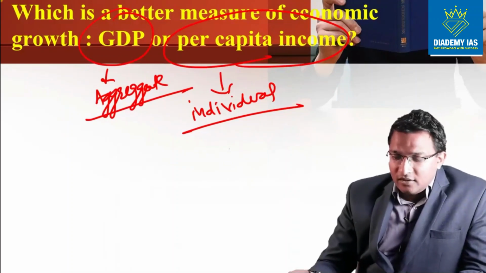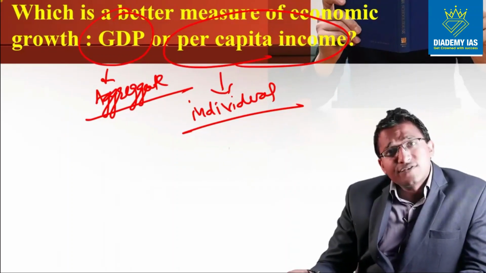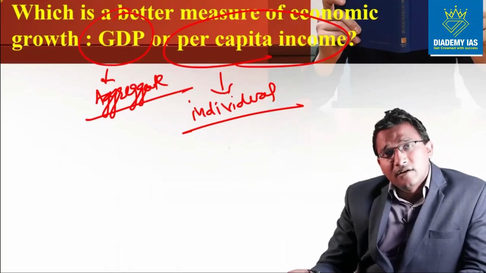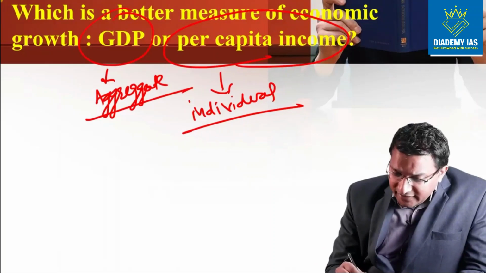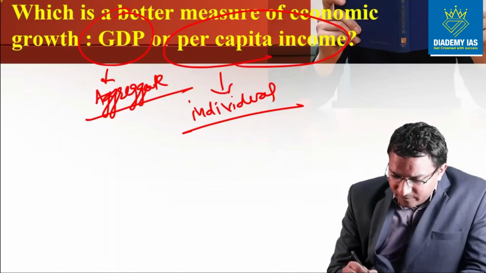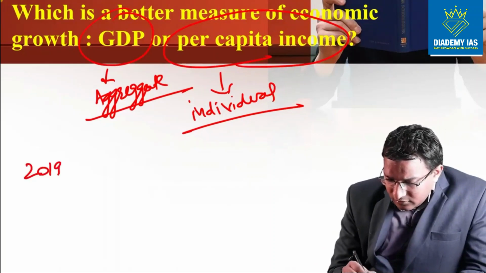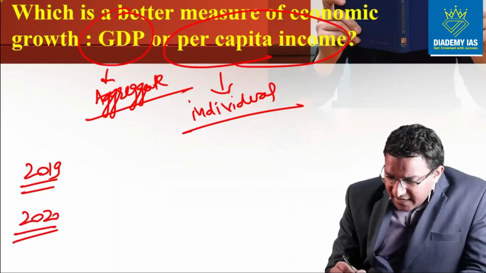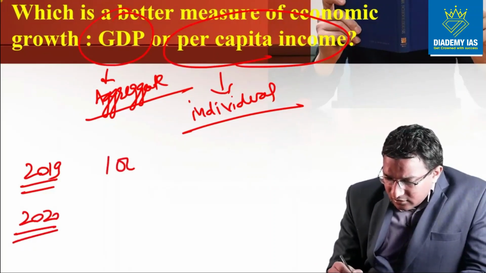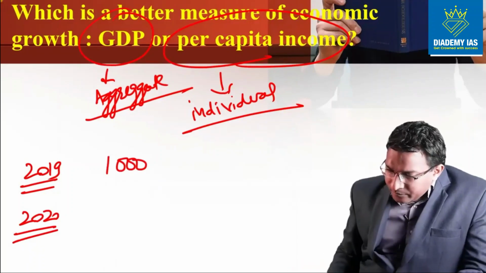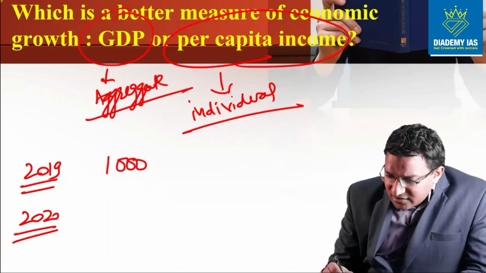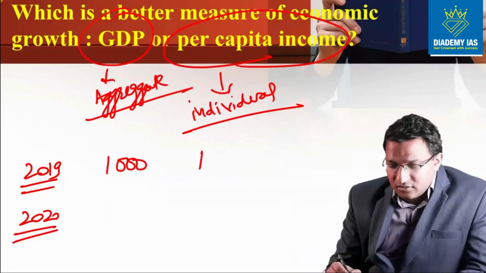I would say first we have to understand, right? Suppose in 2019, the aggregate production was 1000 rupees and the individual production was 1 rupee.